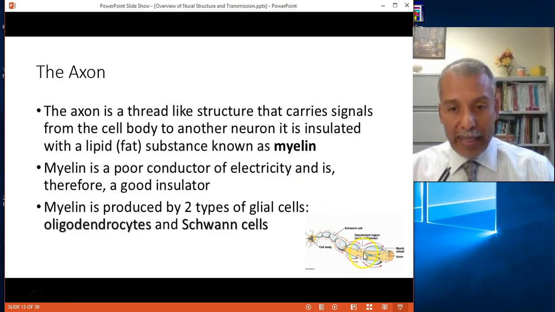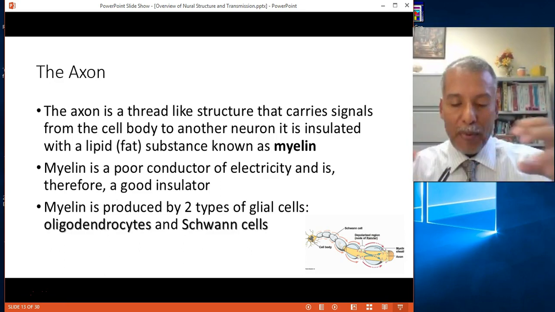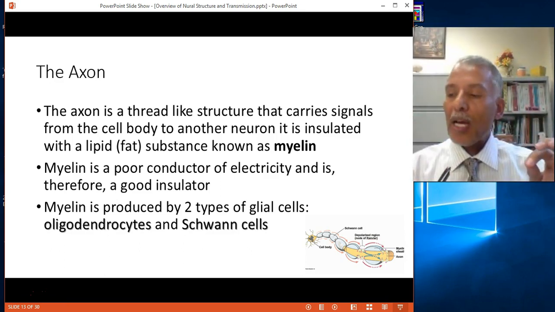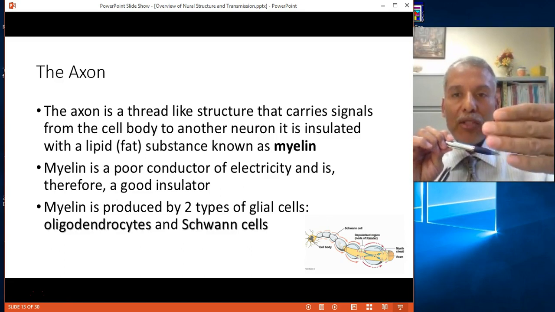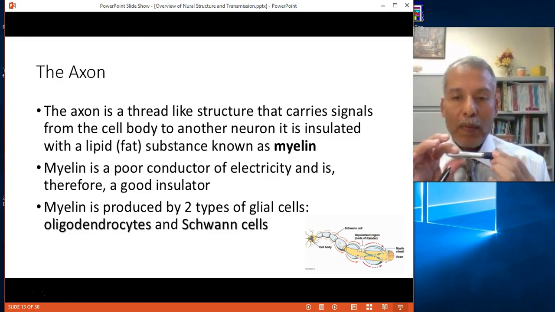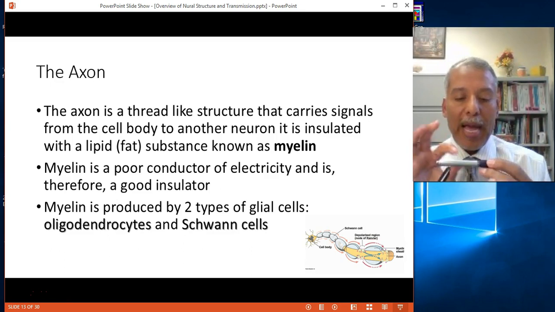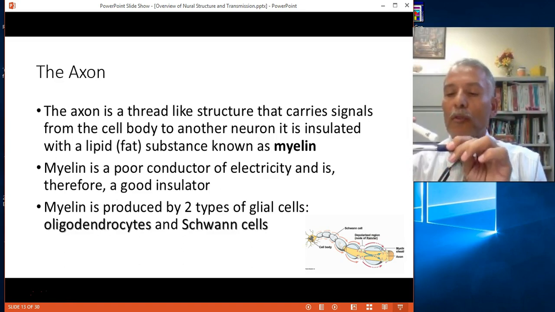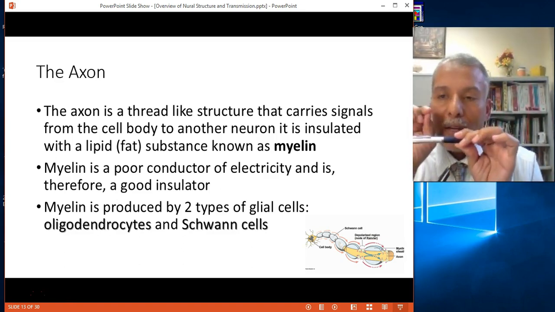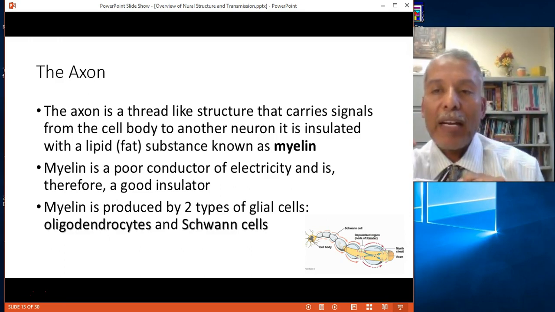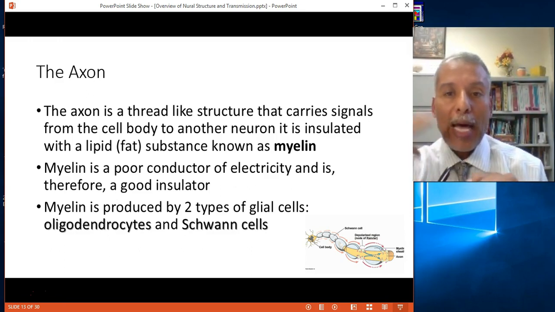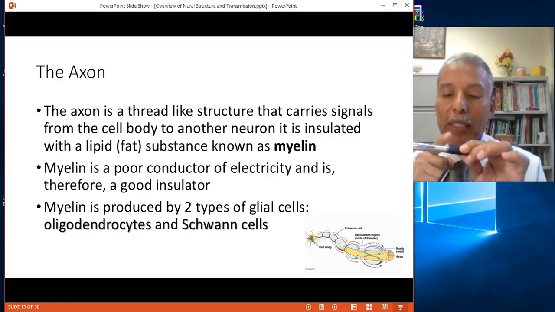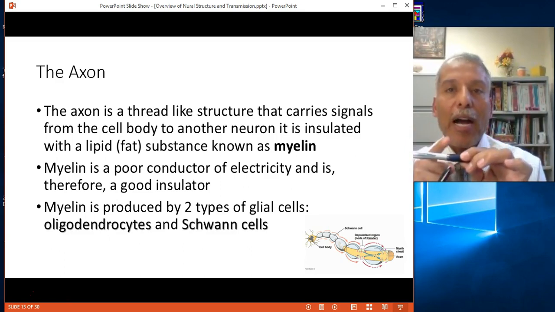So again, you have these little myelin segments basically separating most of the axon from the extracellular fluid outside, insulating. And you have these gaps, which are the nodes of Ranvier. They are the only sites that have receptor channels to allow chemicals in and out. And this is why it is here that the firing occurs.